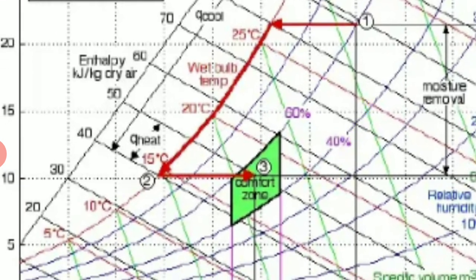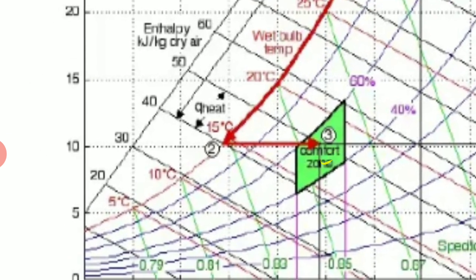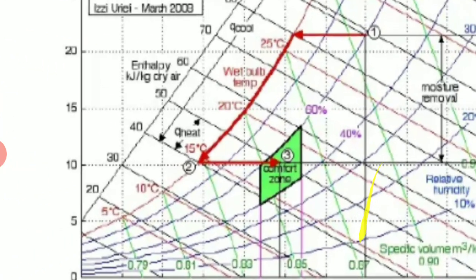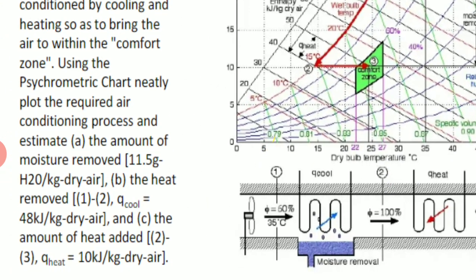From point 2, take a scale parallel to the wet bulb temperature, and you can obtain H2. So H1 minus H2 gives the quantity of heat removed, which is 48 kilojoules per kg. That is approximately 88 minus 40, which gives 48 kilojoules per kg.